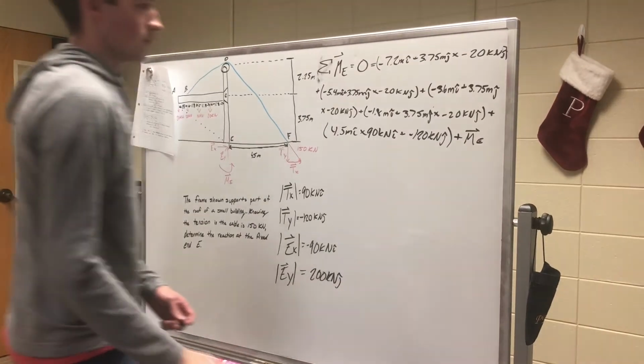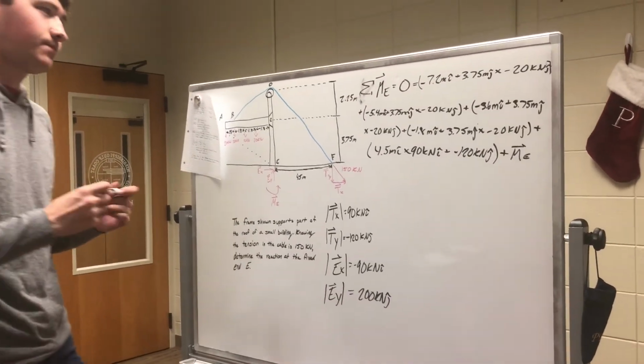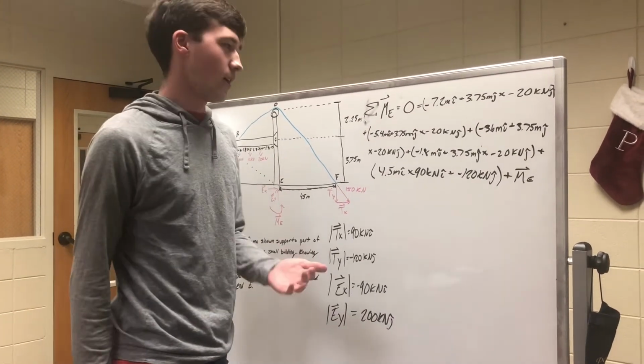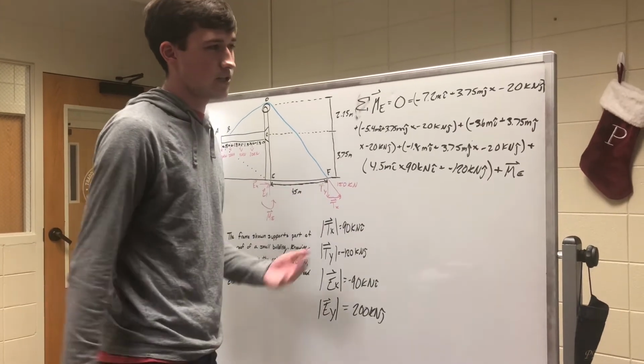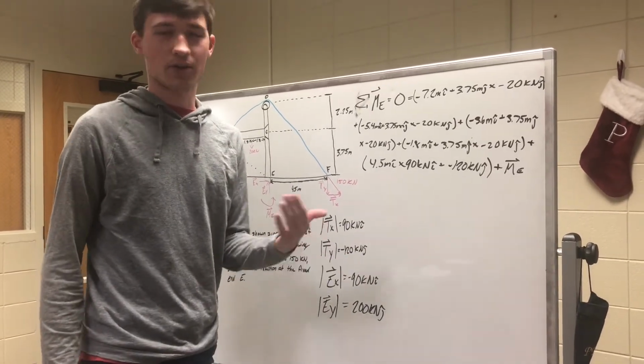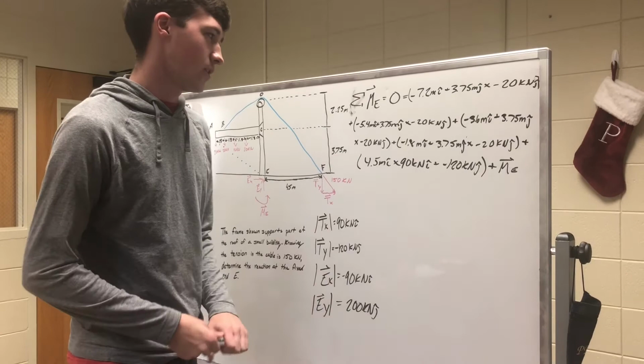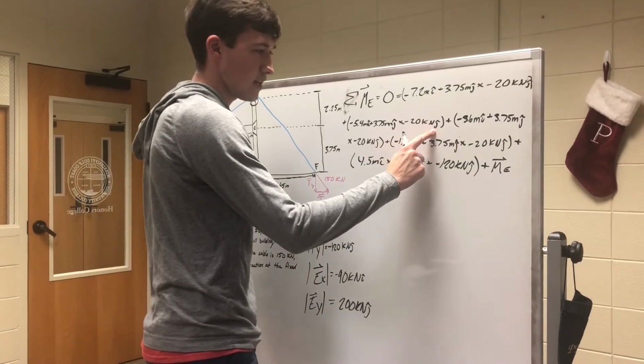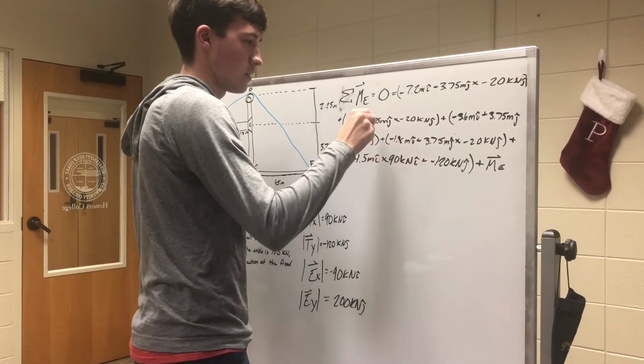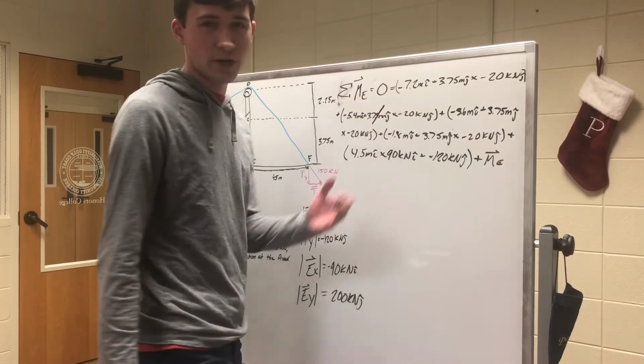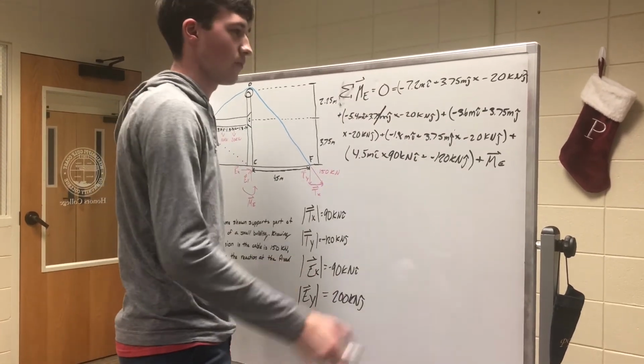So let me remind you, if you don't know, crossing an I hat with an I hat, a J hat with a J hat, or a K hat with a K hat equals 0. So at this point, we have a J hat here crossed with a J hat here, so we can eliminate this, and I'm going to go ahead and eliminate all those from the whole equation.